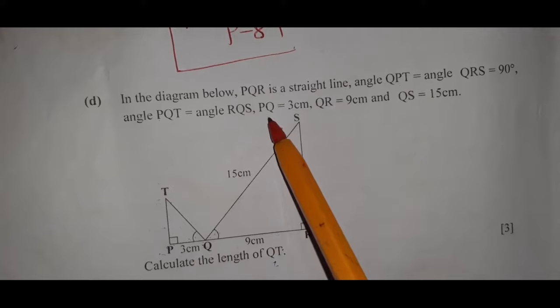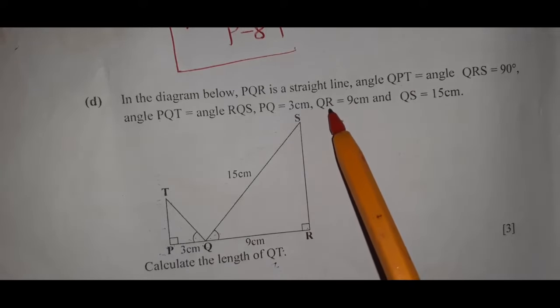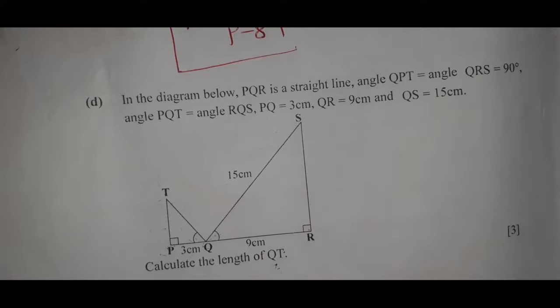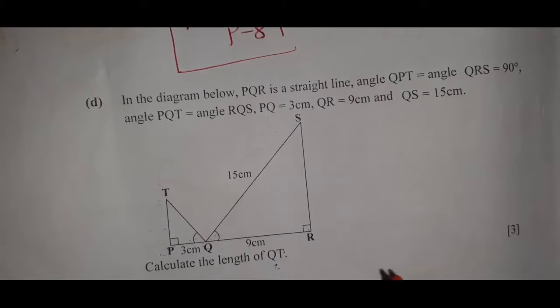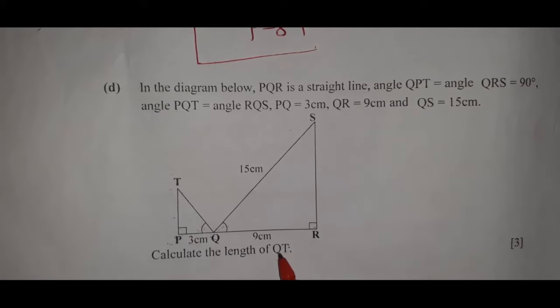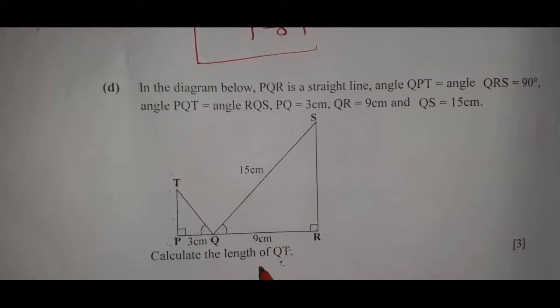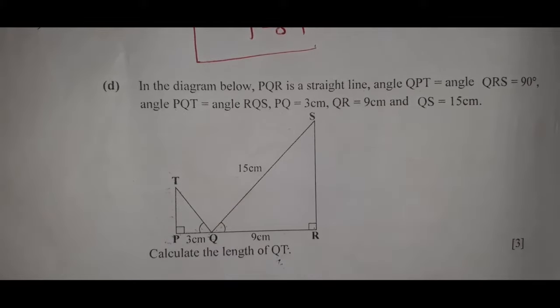And then this side is 3, this one is 15. What this tells us is, we are told to calculate the length of QT. This one here. This is very simple.